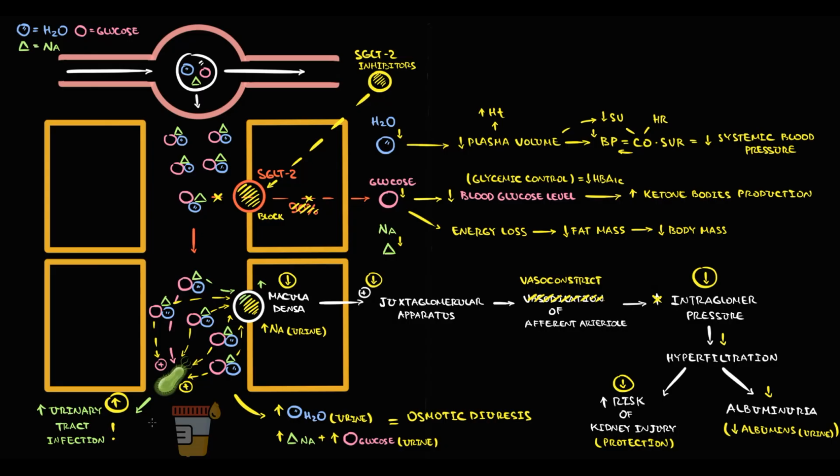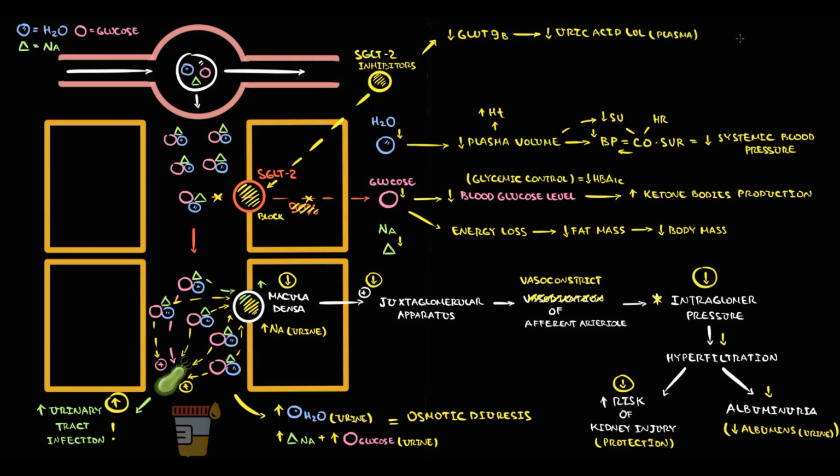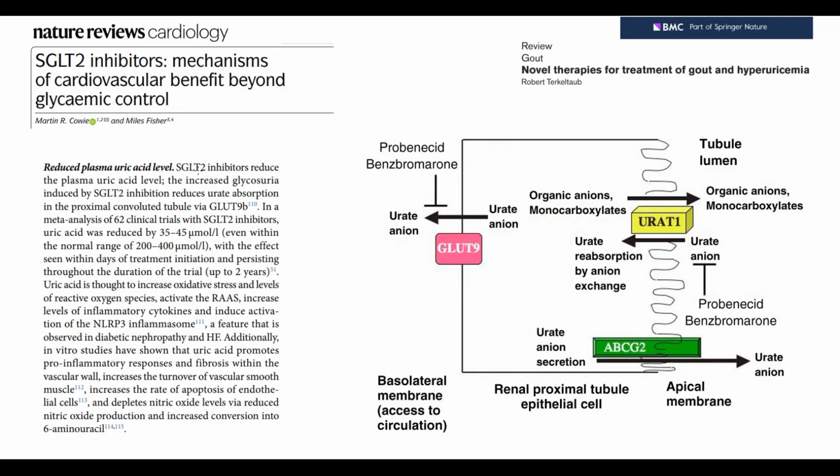In addition to this, SGLT2 inhibitors can block the function of the GLUT9 transporter, which inhibits the reabsorption of uric acid and thereby causes decrease in uric acid level in the blood. The fact is, SGLT2 inhibitors decrease plasma uric acid level.